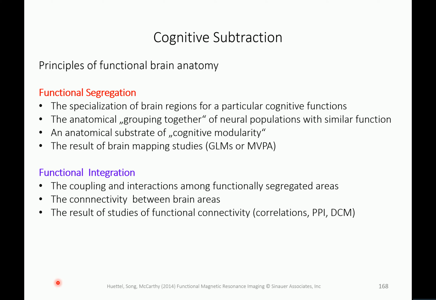So that's functional segregation. Functional integration refers to the fact that these functionally segregated areas, of course, also talk to each other in the sense that they are coupled and interact.